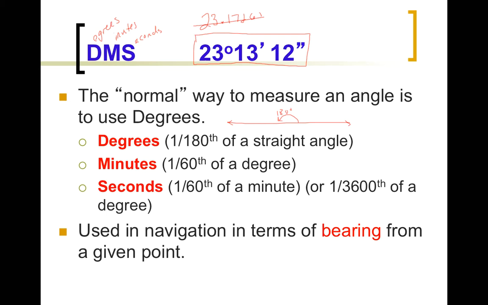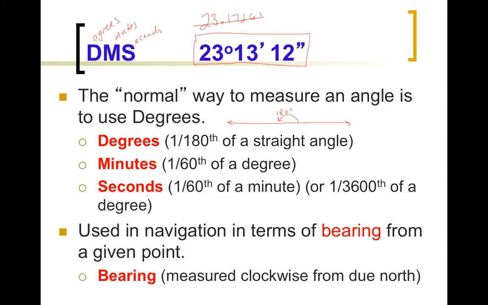These types of numbers are usually used in navigation. Like if you were on a plane or if you were on a boat, we use navigation based off of north. And we call it bearing. Bearing is measured clockwise from north.